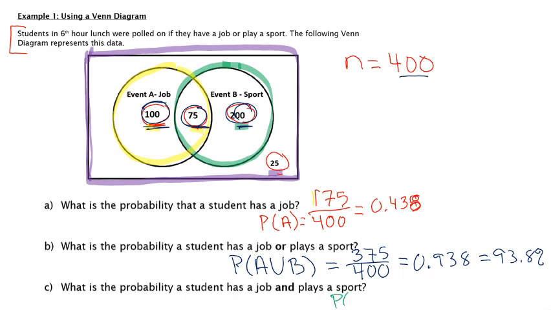What's the probability of A intersection B? That's the probability that it falls within both of those circles, which is simply this 75 right here. So we would write 75 over 400 and divide it out. That would be 0.188, or 18.8%.